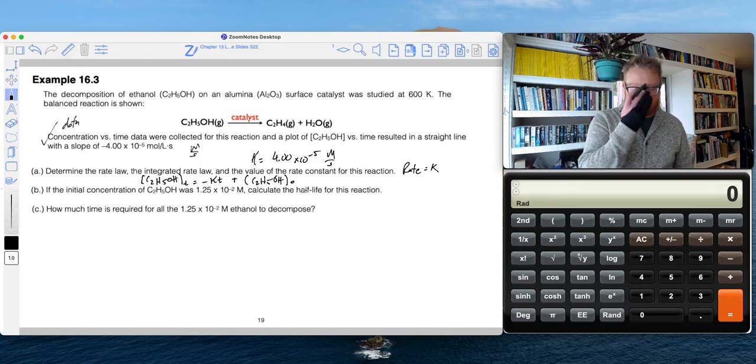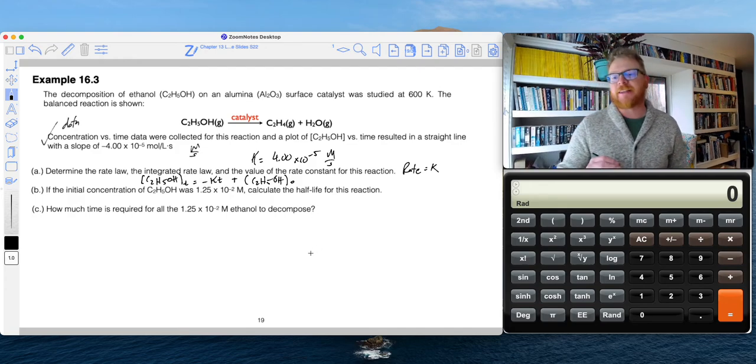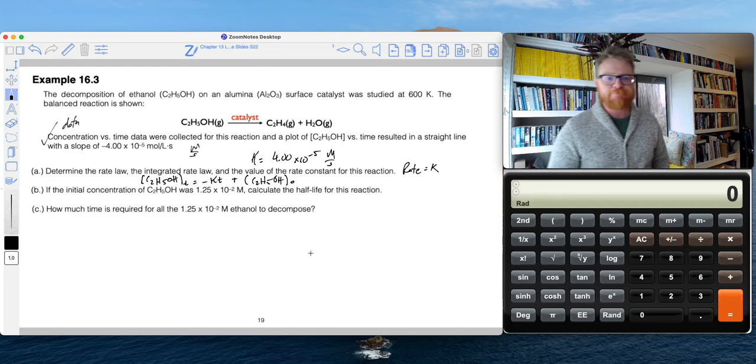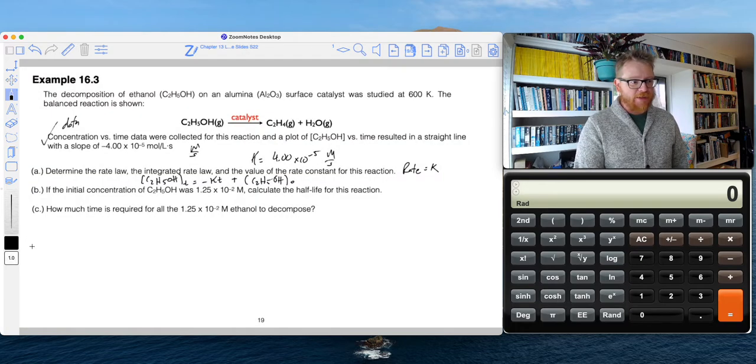So now, question B. If the initial concentration of ethanol was 1.25 times 10 to the -2 molar, calculate the half-life of this reaction. Okay, so let's go to our equation sheet. So we can see the half-life is [A] initial over 2k. So let's do that down here.